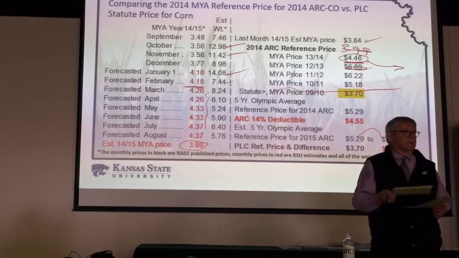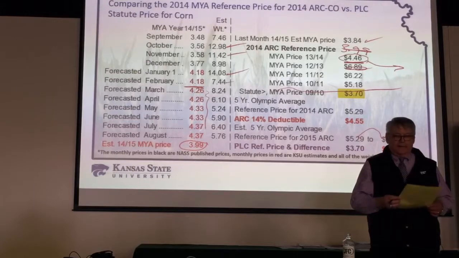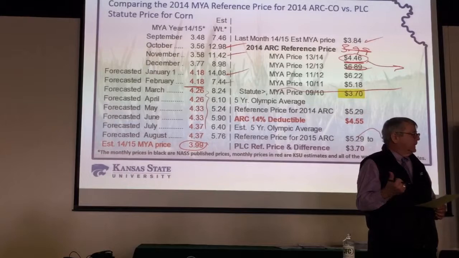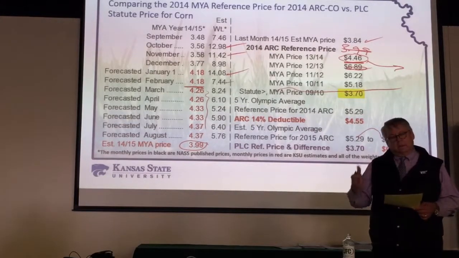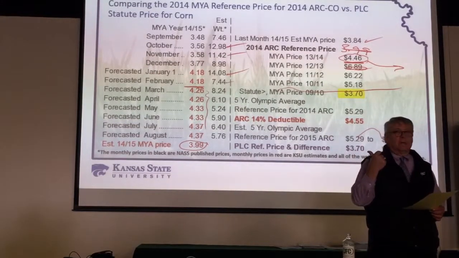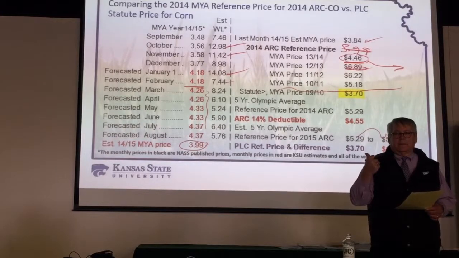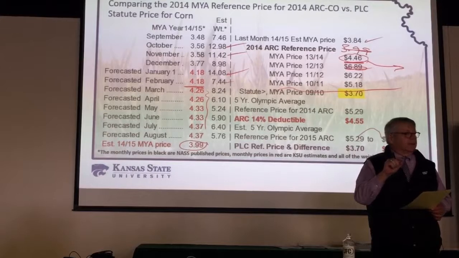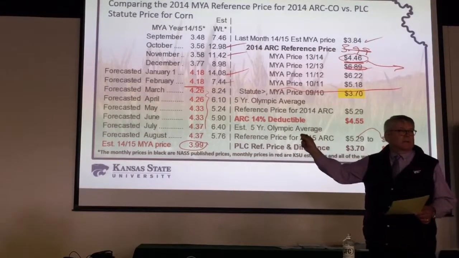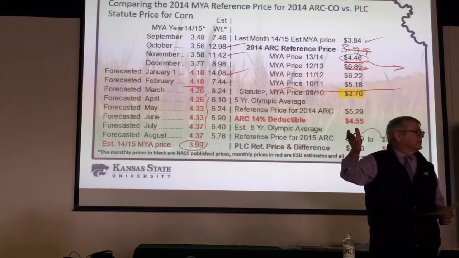And what I'm going to do is I'm going to send around a sign-up sheet. If you'd like to be on an email list, what you will get is a note every time we've updated the website. New information on the Farm Bill, etc., along with these price numbers, which come out every month. And the advantage is you get a note, and it will be a link there, and it will take you to this exact site. And you can see immediately what the number is.